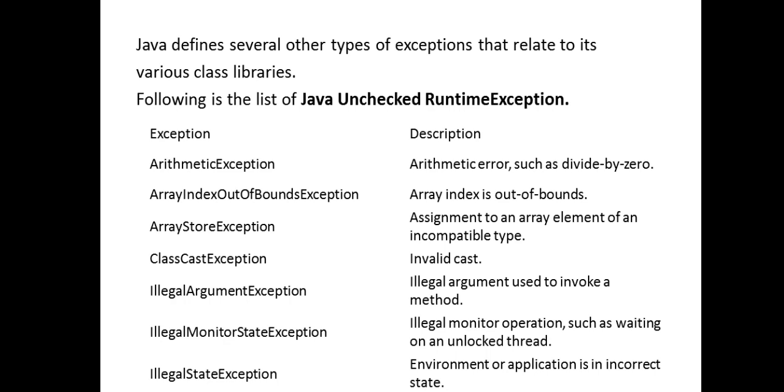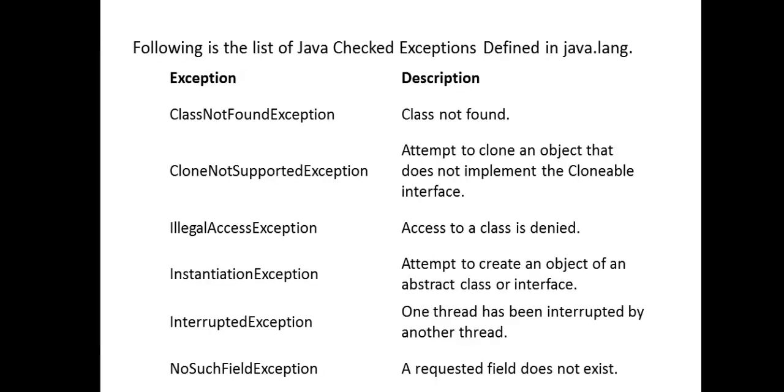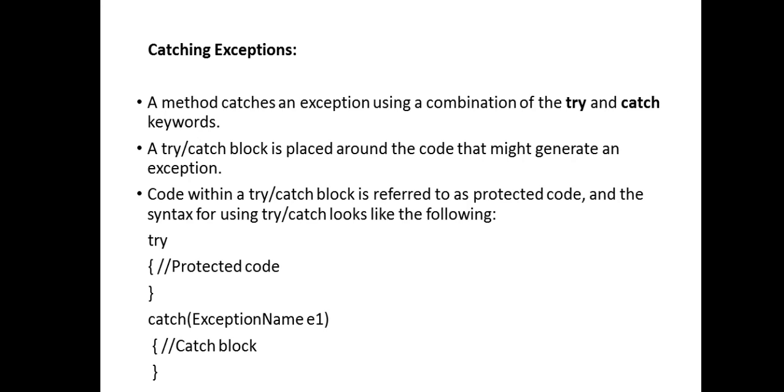These are some examples of predefined unchecked runtime exception classes. And then the Exception classes, that is compile time or checked exceptions, like ClassNotFoundException, CloneNotSupportedException, IllegalAccessException, InstantiationException, InterruptedException, NoSuchFieldException. Now, how to handle exceptions using try and catch.